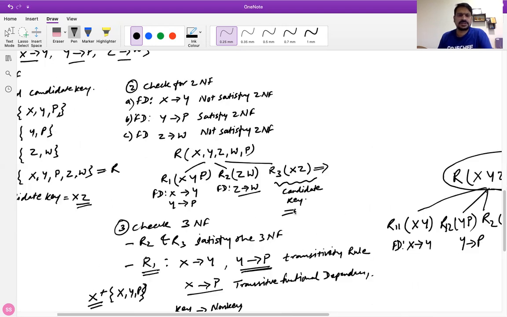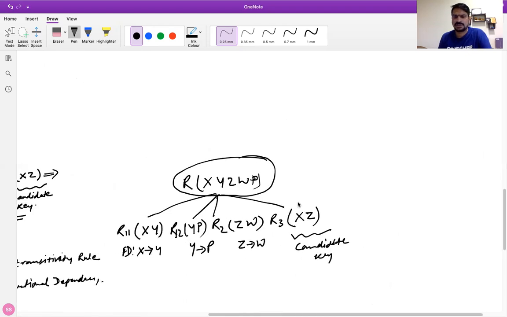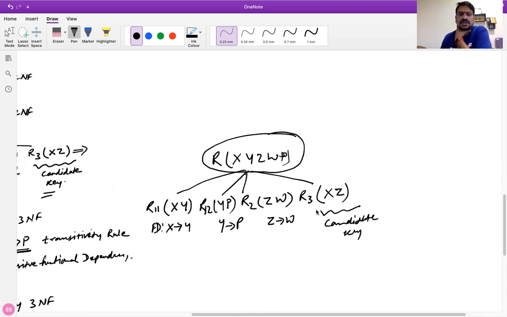For the original relation, XZ is the candidate key, so we are putting that in one table. So this R will be decomposed into 4 tables: R11, R12, R2, R3.